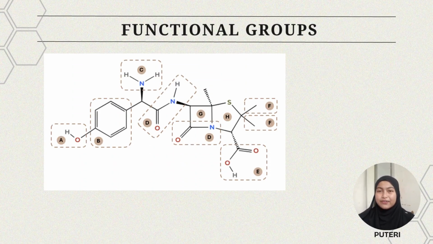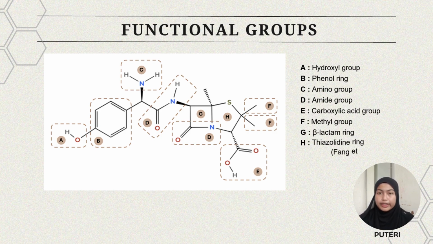Next, let's identify the functional groups found in amoxicillin. The molecule contains a hydroxyl group, a phenol ring, an amino group, an amide group, a carboxylic acid group, a methyl group, a beta-lactam ring, and a thiazolidine ring.